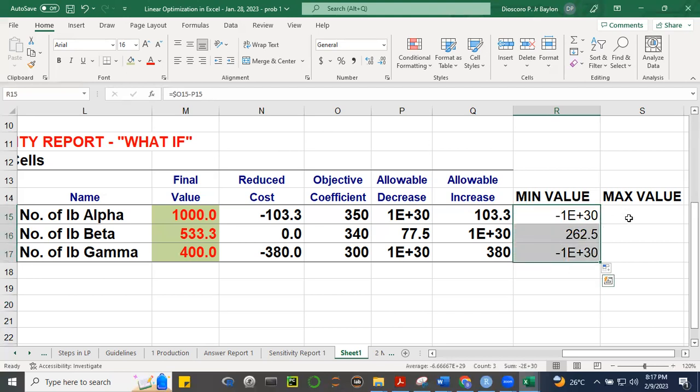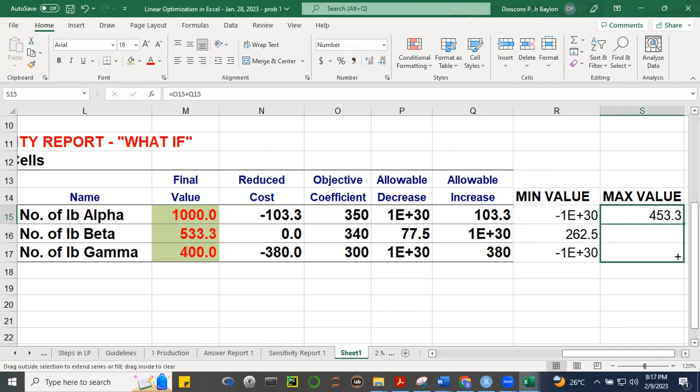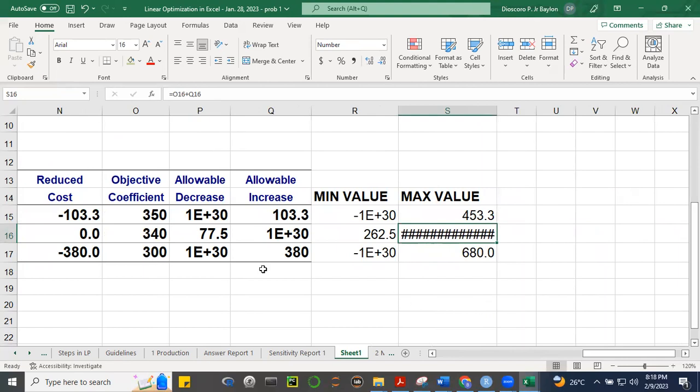And then on the other hand, itong maximum value naman. So it's still 350. However, we will have to add the allowable increase here. Okay, there. So ito naman, so 340 plus a very big number.